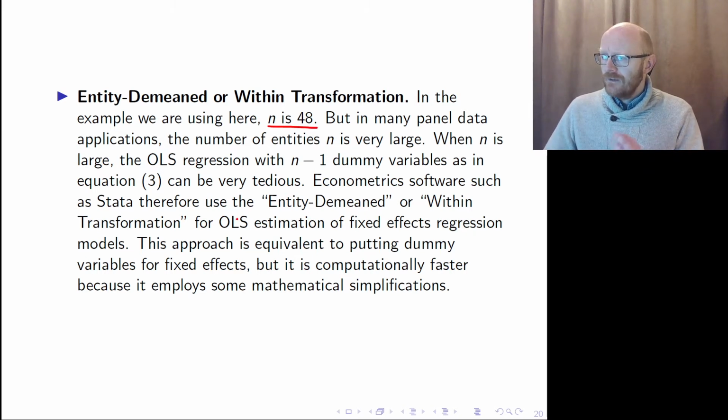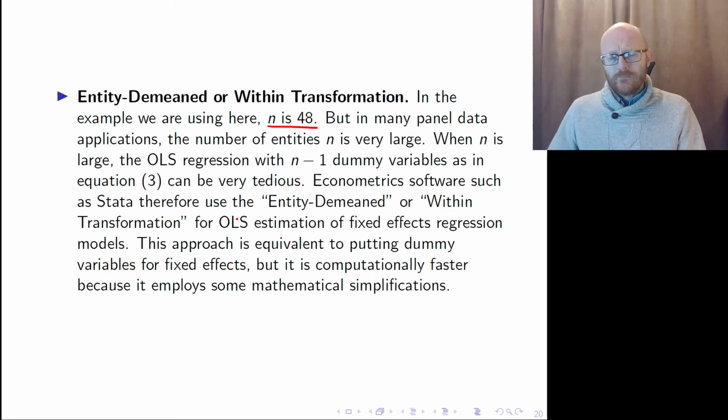We have 48 different states in our data, but in many applications, the number of entities can be very large, and the number of times in our timestamps in our data can also be very large.